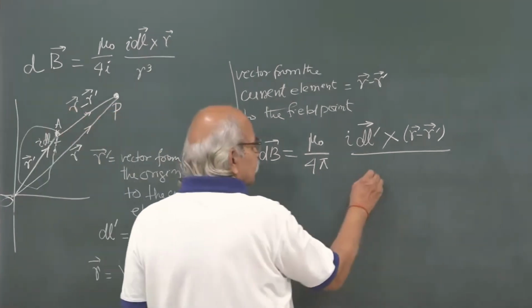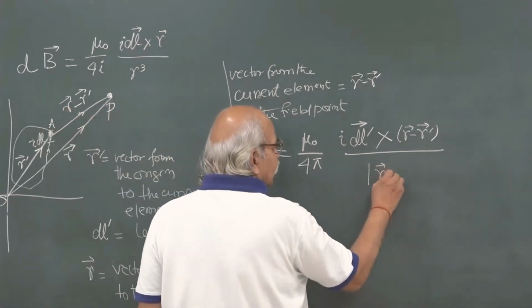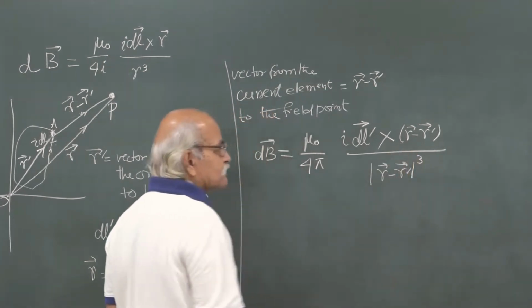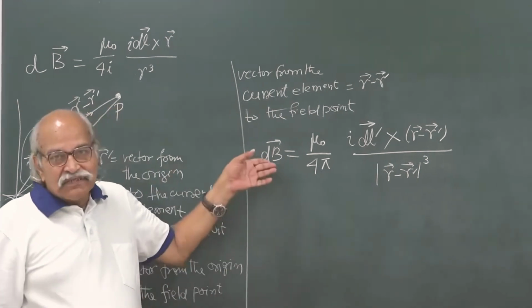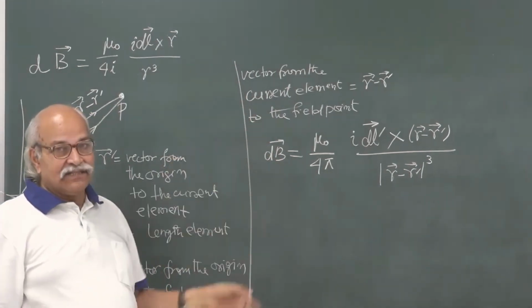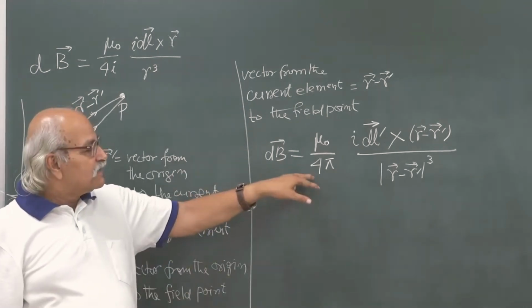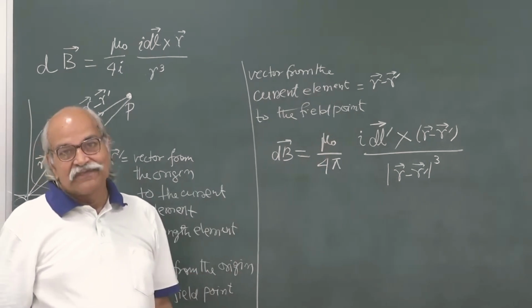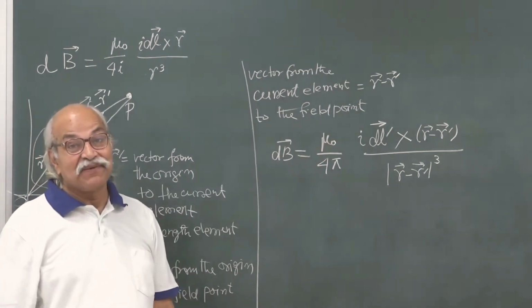So, the magnitude of this is mod of r minus r prime, cubed. This is how the Biot-Savart equation is rewritten, and why we have written it this way will be clear once we go to the statement of Ampere's law.